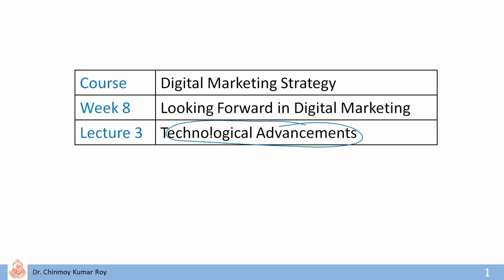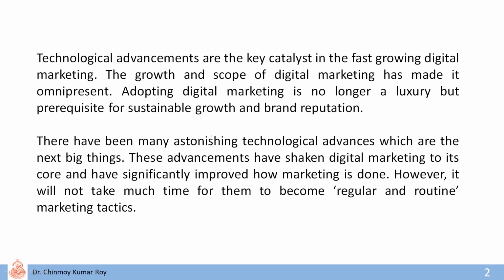Today's lecture, we would be talking about two contemporary concepts, or two contemporary advancements, that are facilitated by the technological advancements. The technological advancements are the key catalyst in the fast growing digital marketing. If we talk about the exponential growth of digital marketing, that could only be possible because of the technological advancement happening around us.